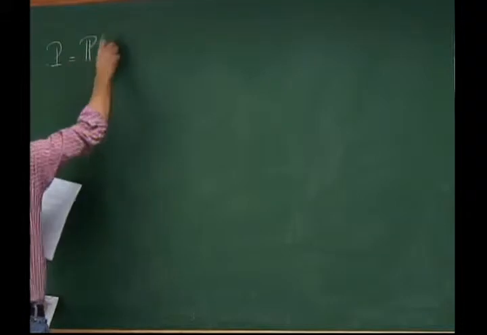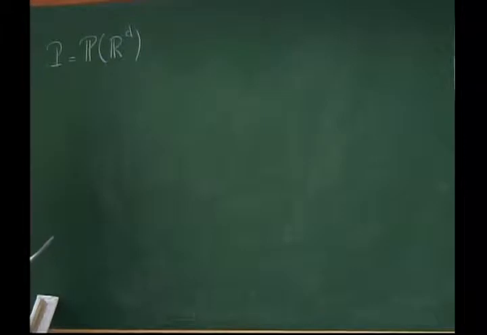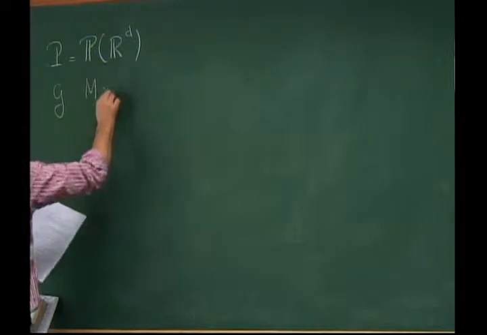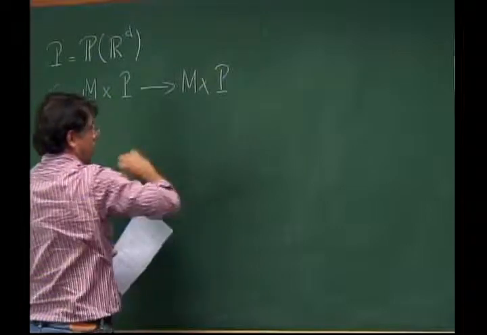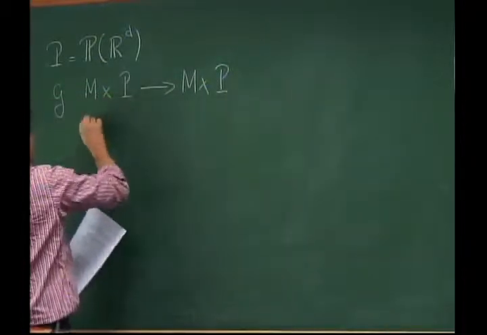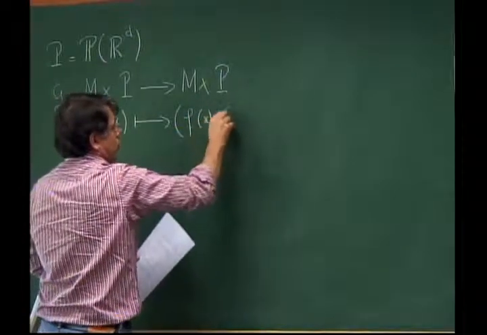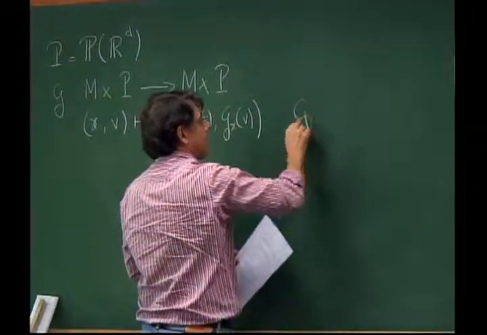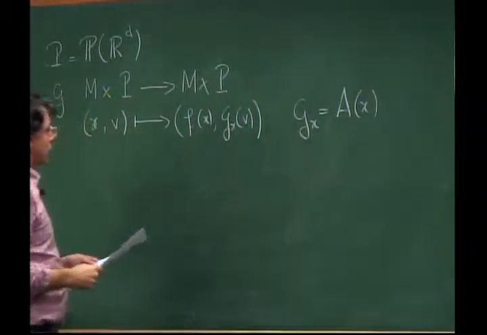We have P, a compact metric space, and G, a skew product of the form (x, v) goes to (f of x, Gx of v). Gx is just our linear map acting in projective space.